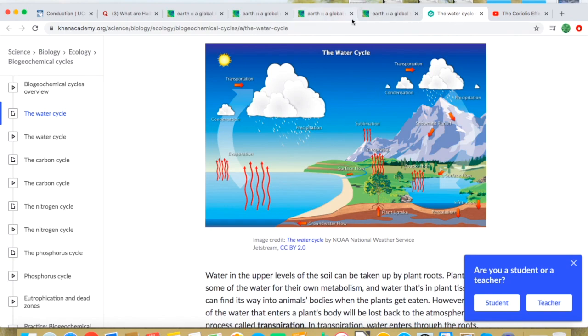If we imagine, look what's happening here on the surface of the ocean. The sun's rays strike the ocean right here. That energy is not used only to warm up the water. Some of it is used to warm up the water, but some of it is just used to change the water from a liquid state to a gas state.